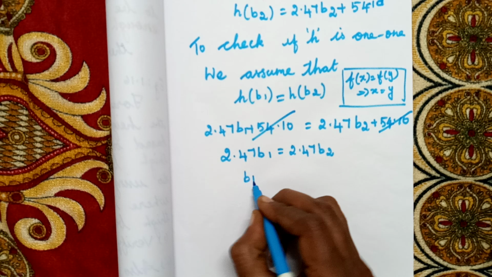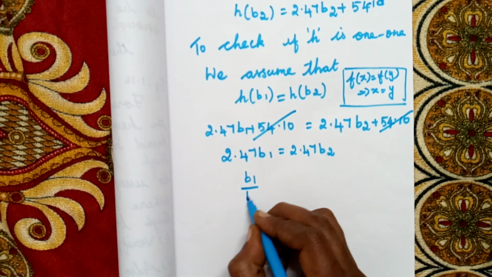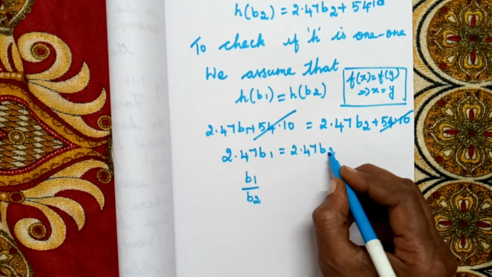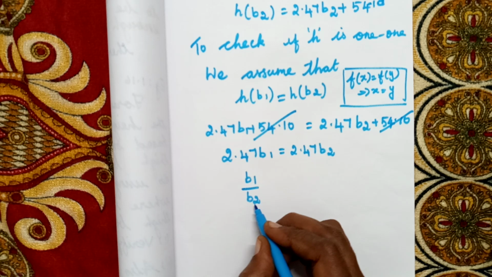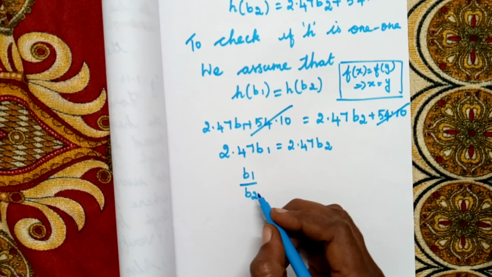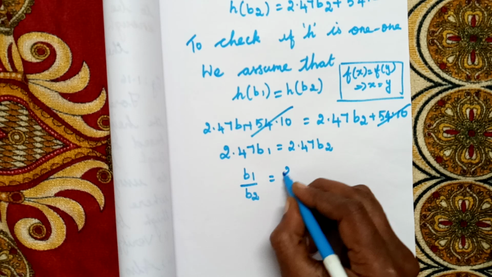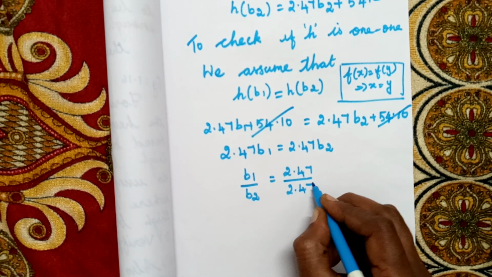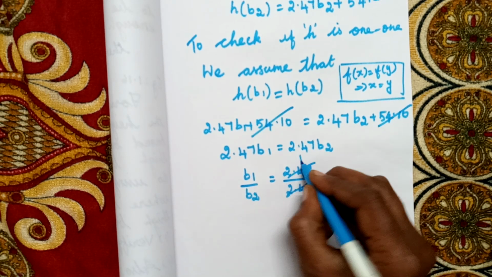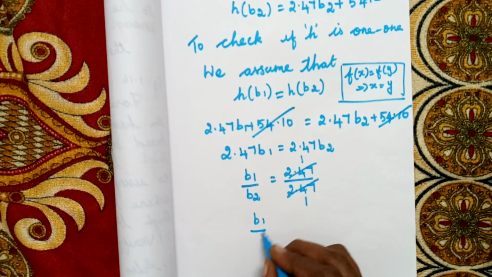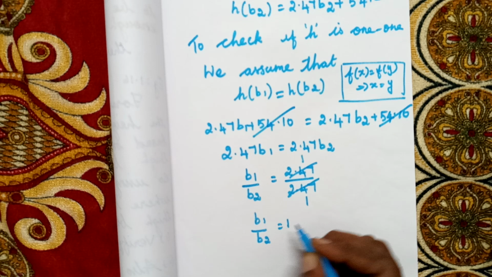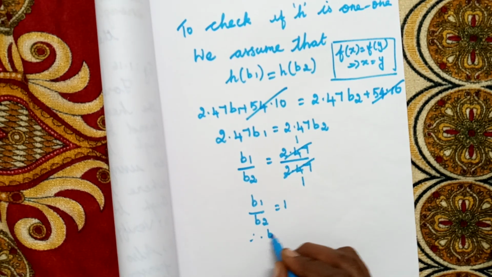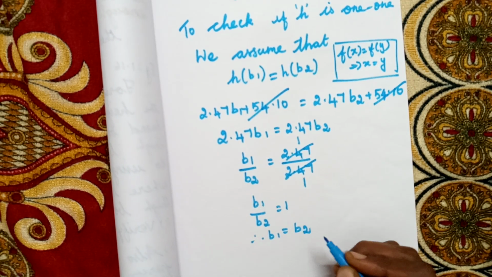So b1 by b2 is equal to 2.47 by 2.47, it will be cancelled. We are getting 1. b1 by b2 is equal to 1. Therefore, b1 is equal to b2.